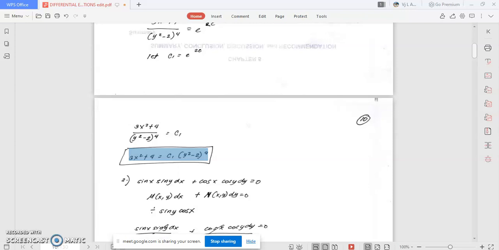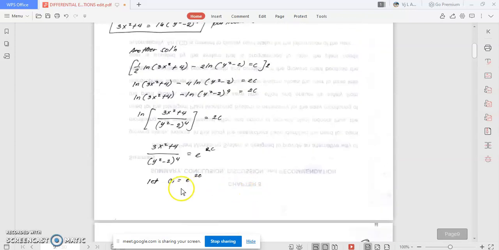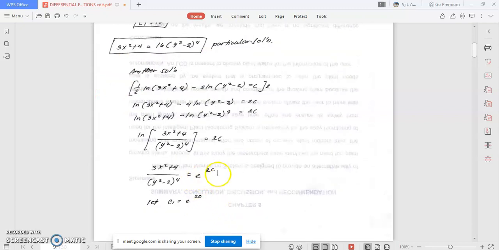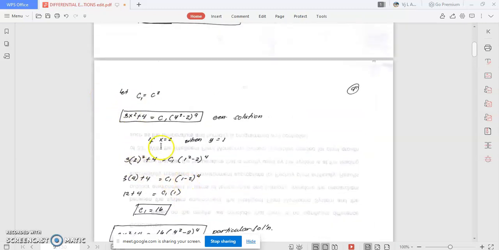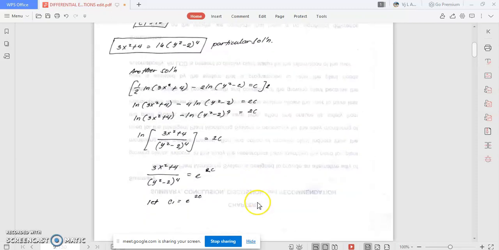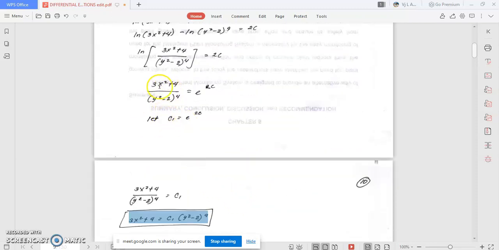So, C sub 1 has no value yet. The C sub 1, Marnie, is the same as this. So, if you have e raised to the power of c, so if we substitute the value of this, then you can get the value of C sub 1.